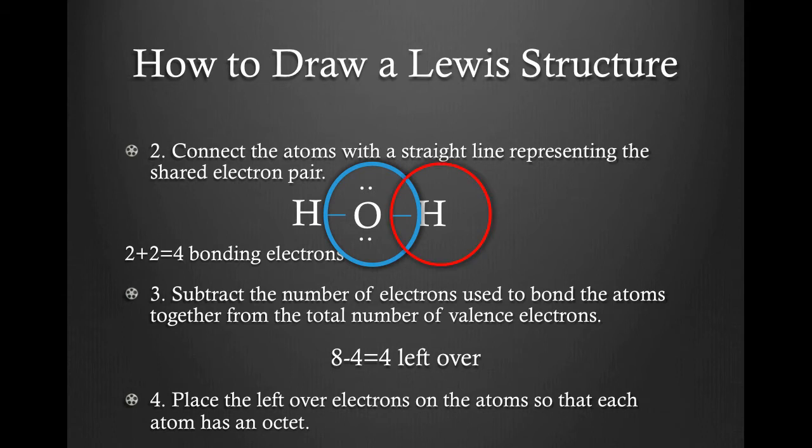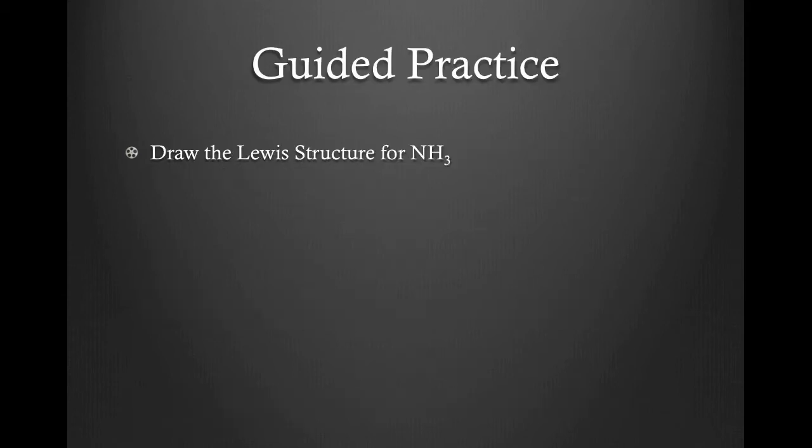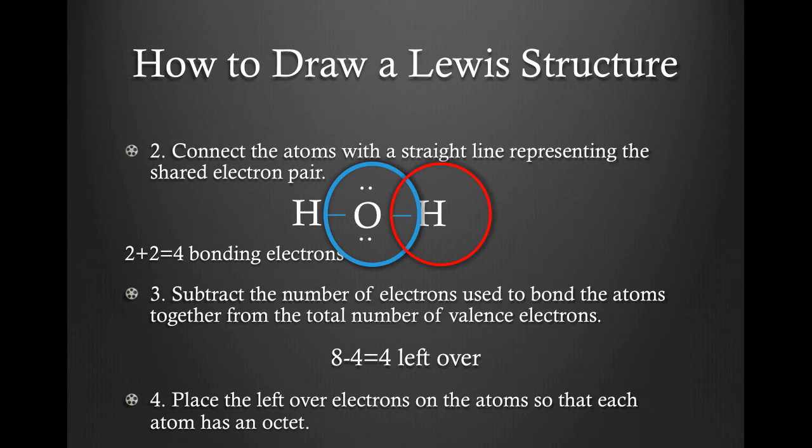Now remember, hydrogen is one of our exceptions to the octet rule because it's in the first row of the periodic table. The noble gas whose configuration would represent an octet actually only has 2 electrons, helium, so hydrogen only has to have 2 electrons around itself.